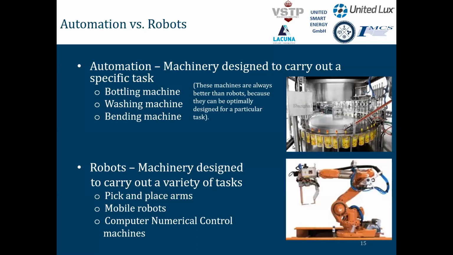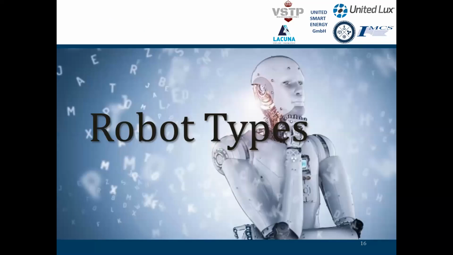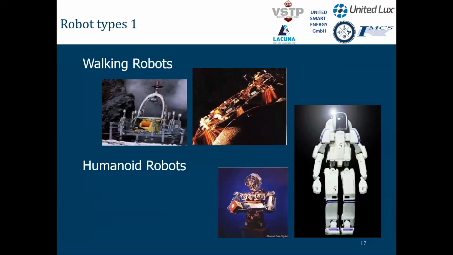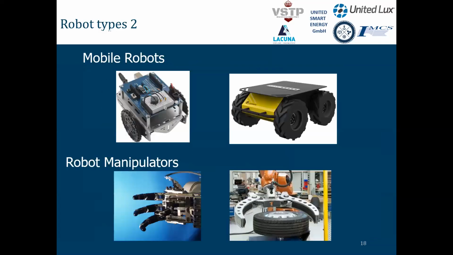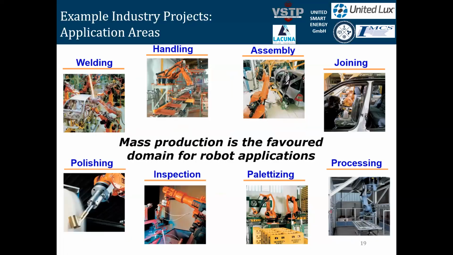Then there are different robots: walking robots, humanoids, mobile robots, and robot manipulators. In this presentation you see welding, handling, different joining technologies, polishing, palletizing, and also processing.